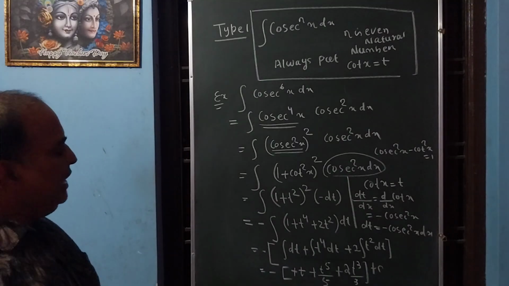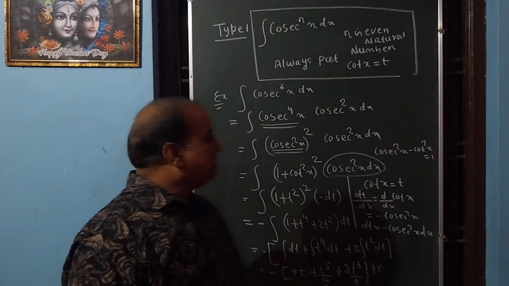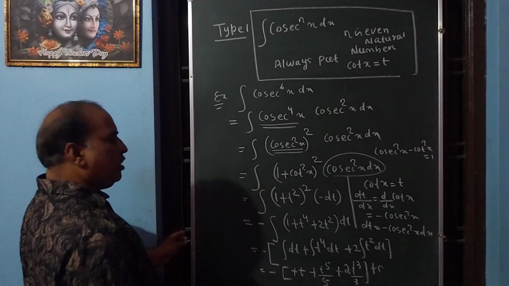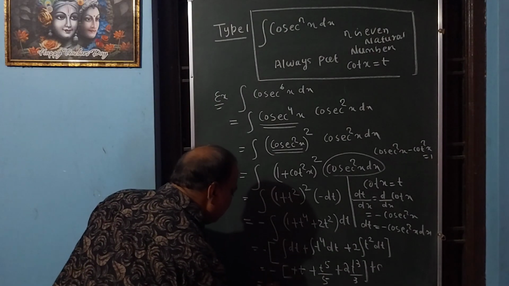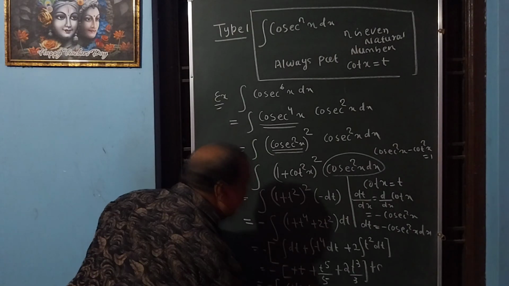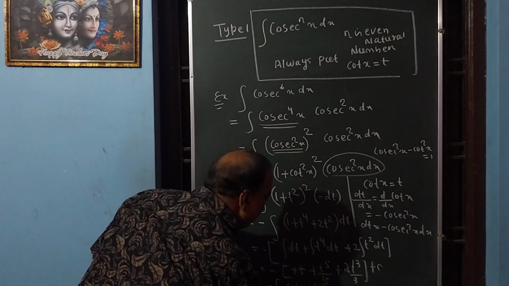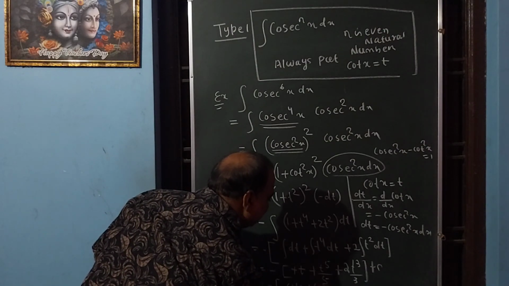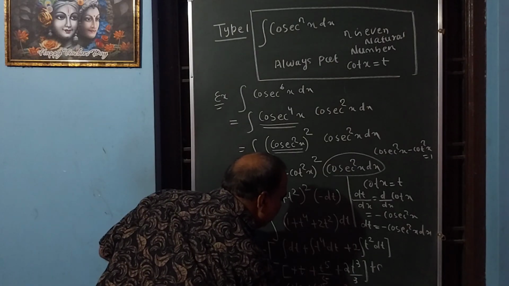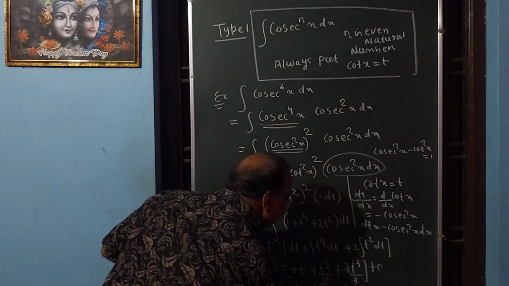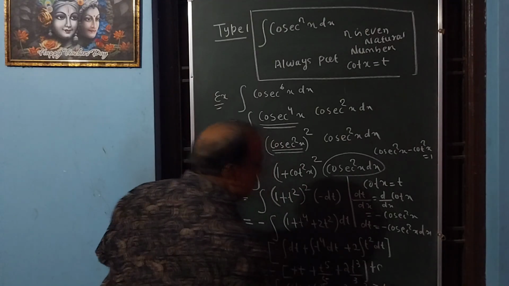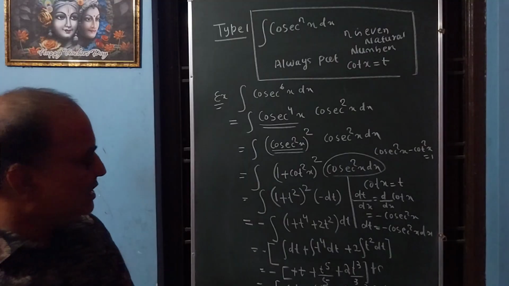Now in place of t we have to put cot x. So the result becomes minus (cot x plus cot to the power 5 x divided by 5 plus 2 by 3 cot cube x) plus c, where c is the integration constant.